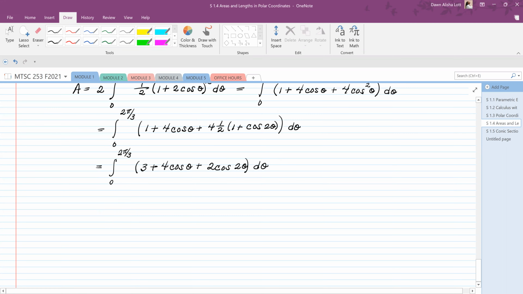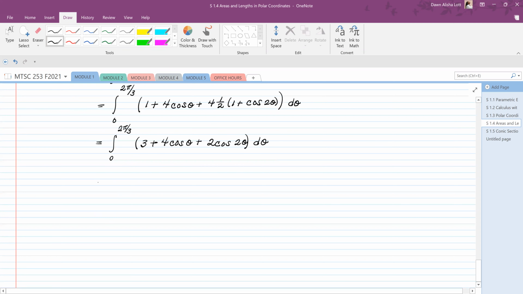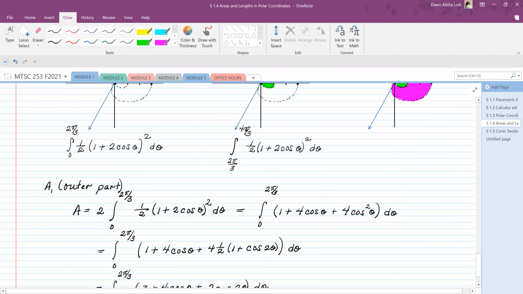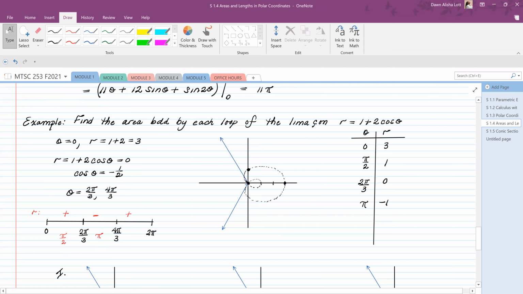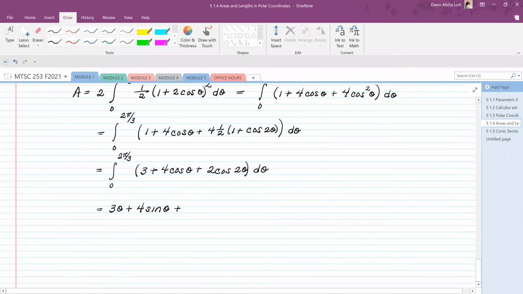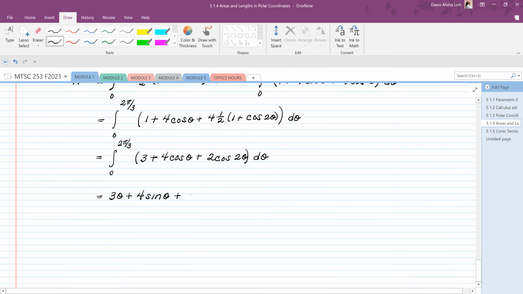And then this integrates to 3 theta plus 4 sine theta plus sine of 2 theta evaluated between 0 and 2 pi over 3.